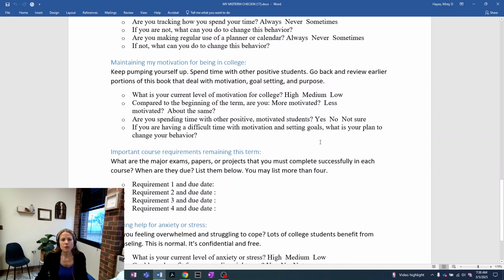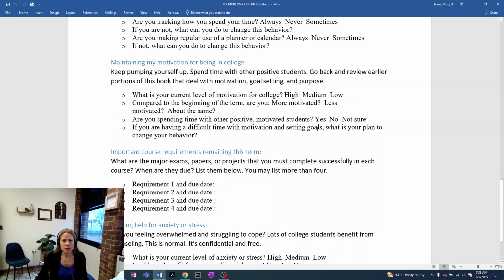The next section goes into motivation. Motivation is really important when we're talking about college because that's going to help us be successful. Sometimes maybe we're struggling in the class and that could bring our motivation down. So it's important for you to reflect on your motivation as well. So you're going to tell me what your current level is and what it is now compared to at the beginning of the term.